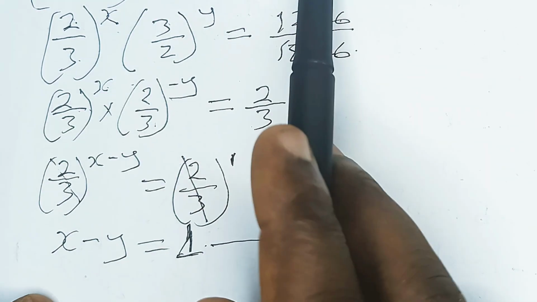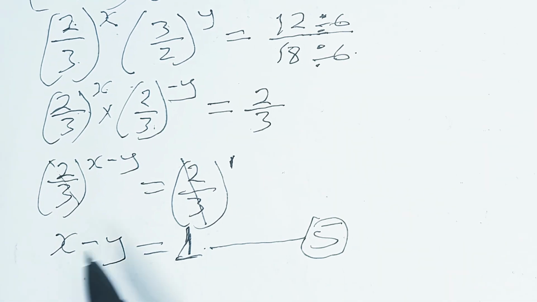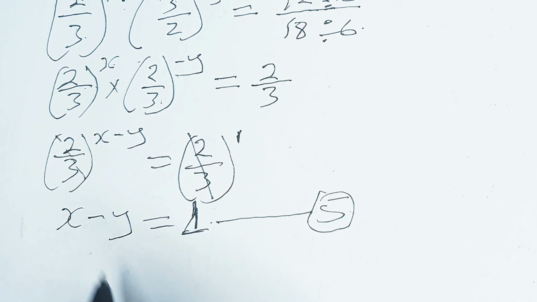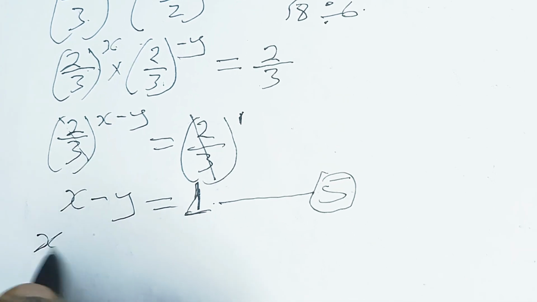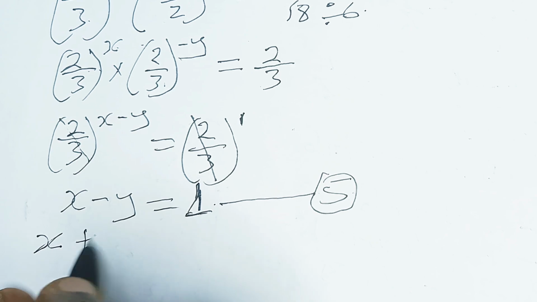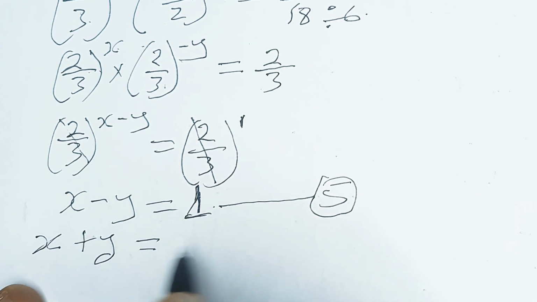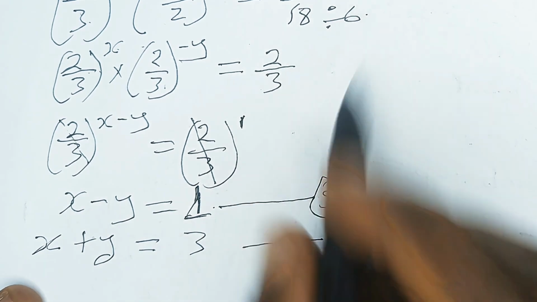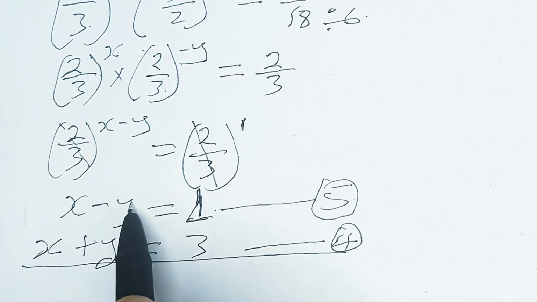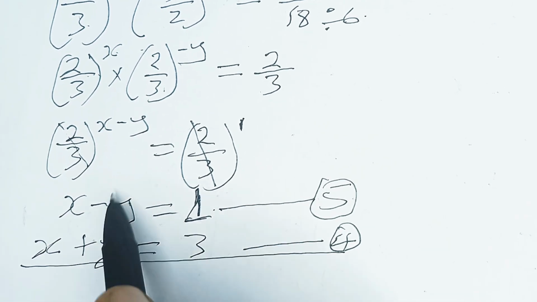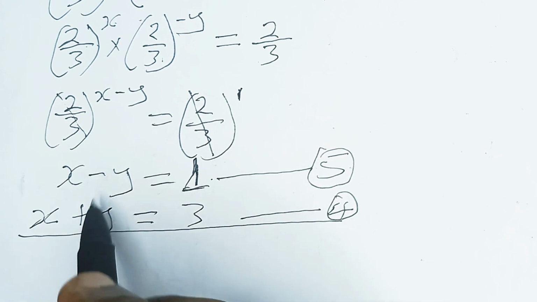Now, look at equations 4 and 5. Let's add them together. So we have x plus y is equal to 3, that is equation 4 carried here. To solve this, we have minus y plus y. Simultaneously, let's add the two equations together.